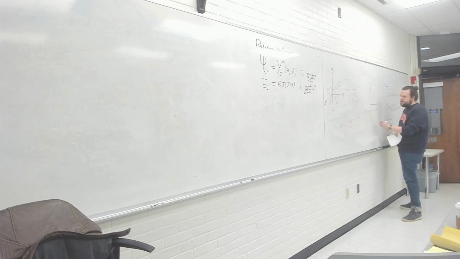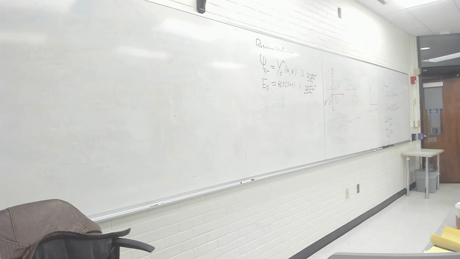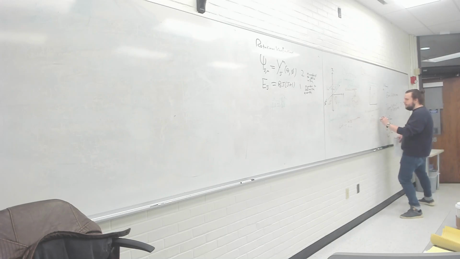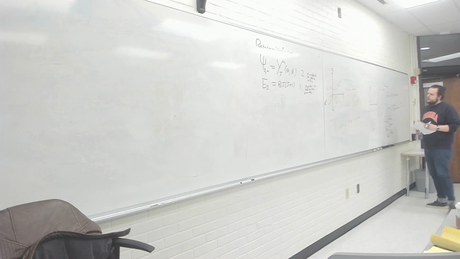If j is 0, the only allowed value is 0. If j is 1, you can have minus 1, 0, 1. For j equals 2, you can have minus 2, minus 1, 0, 1, 2, and so on. So in general, there are 2j plus 1 m states.